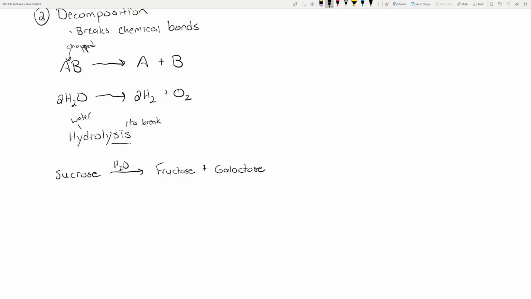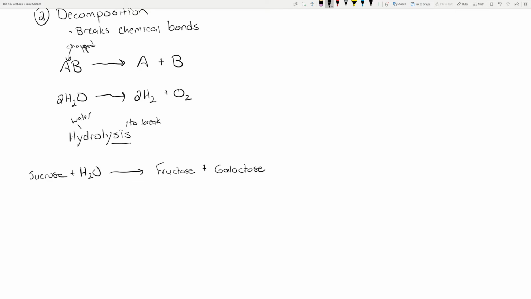I don't want to put the water there, so I'm going to erase this. Sucrose plus water is going to give me fructose and galactose.